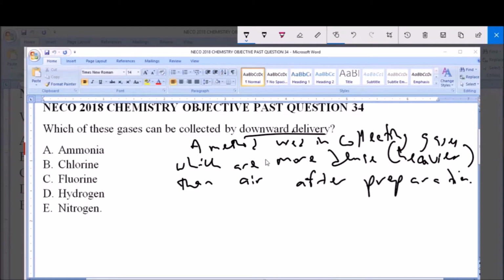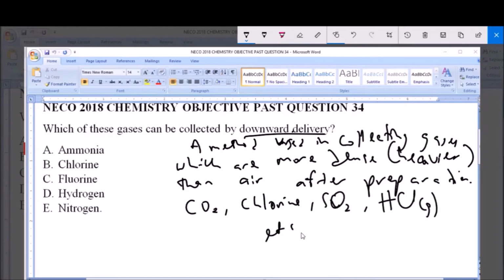So after they have been prepared, gases that are more dense than air are collected by a method known as downward delivery. Examples of gases that are collected by downward delivery include carbon dioxide, chlorine, sulfur dioxide, hydrogen chloride gas, etc. So all these gases are more dense than air.